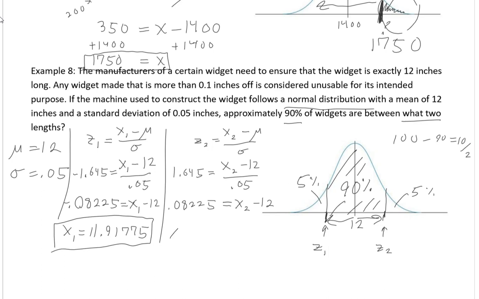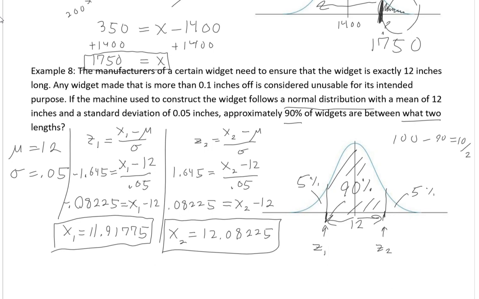And then I get x2 is 12.08225. So those would be my two values.